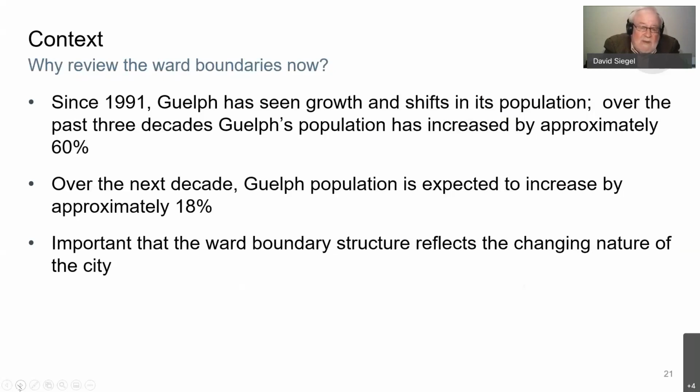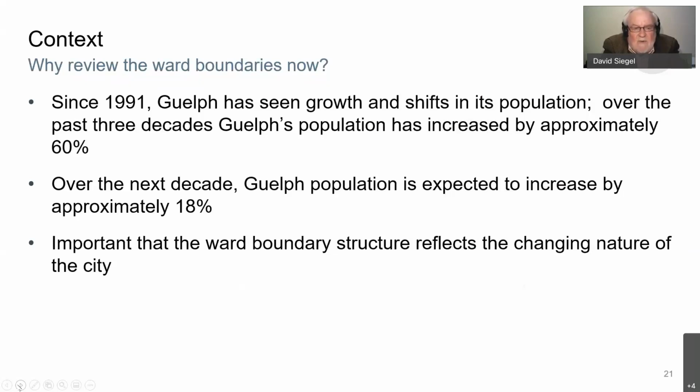And what has happened over the 30 years, not surprisingly, is that those wards, which probably started out fairly evenly balanced in terms of population, are now no longer in balance. Some wards have considerably larger populations than others, and so some adjustment needs to be made.